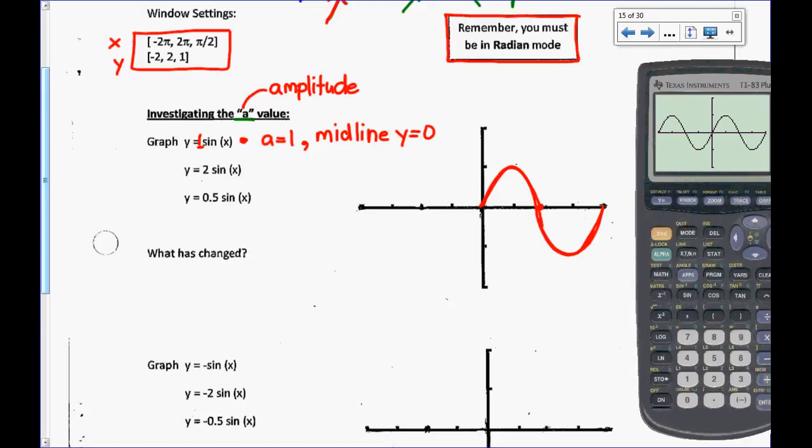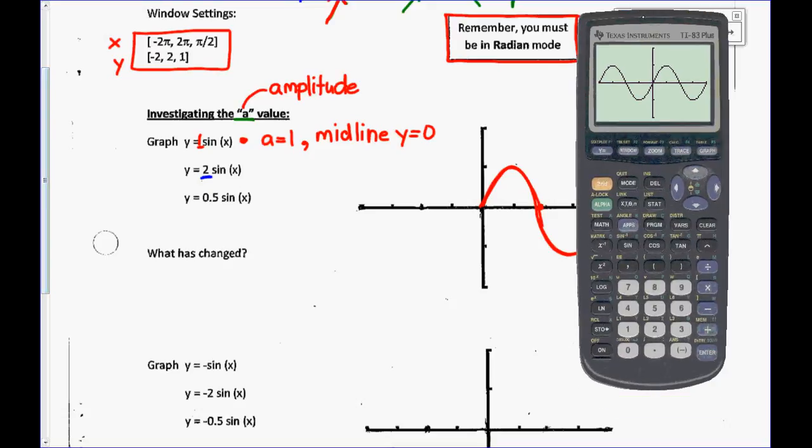Now I wonder what happens and how this graph changes if I put in 2 times sine x. Okay, so again on your calculator, go into your y equals, leave your original in there so that we can compare it, and just go down, and we're going to change the line on this so that it'll be a nice thick line, and it will look a little different then.